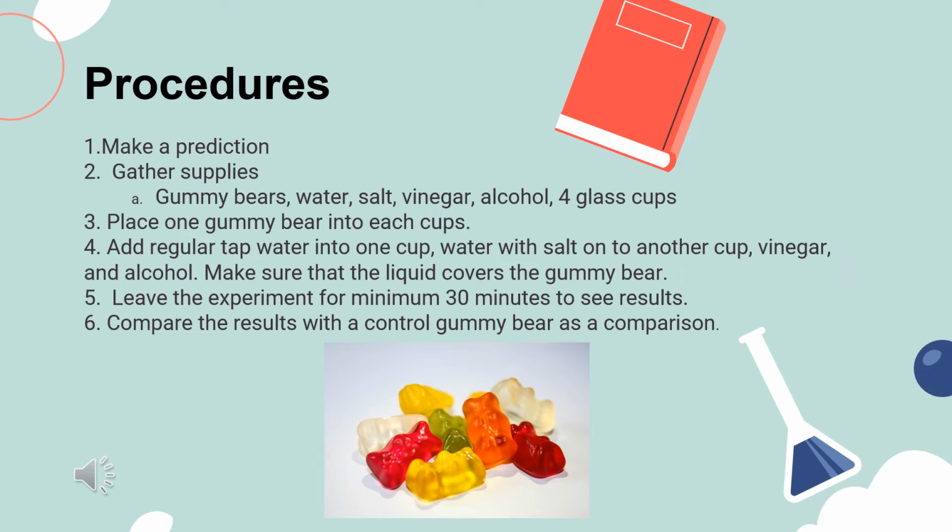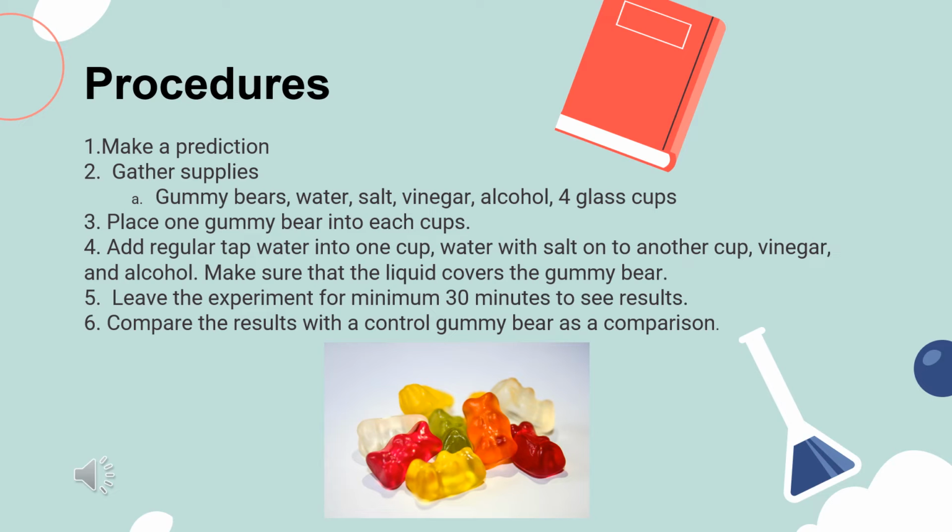I did this for 24 hours to see a more visual result. And lastly, you compare the results with a control gummy bear, a gummy bear that you did not use in the experiment, to see the difference between each.